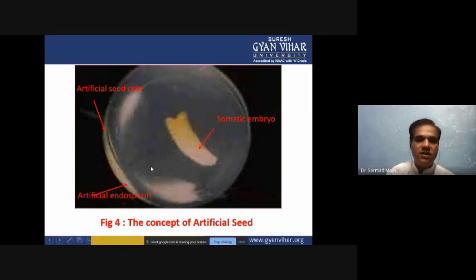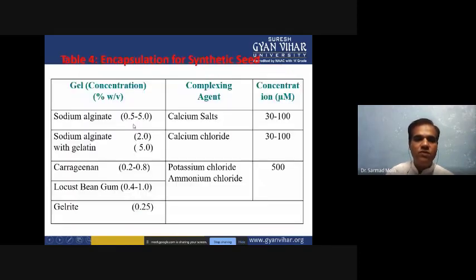So artificial seeds have an artificial endosperm, and this hydrogel can function as both. It will provide protection, and it will also provide nutrition to the somatic embryos, as the endosperm does. So the hydrogel can perform these two functions.